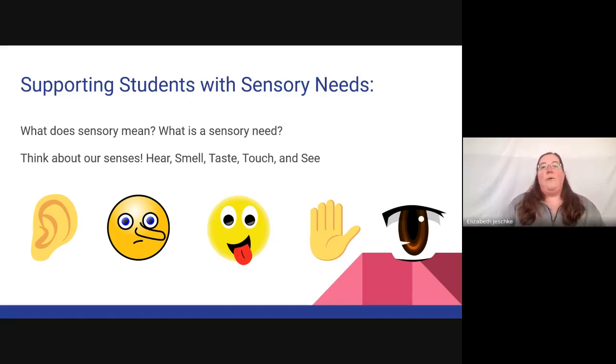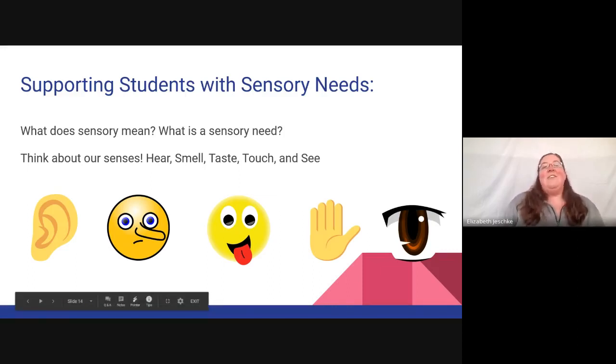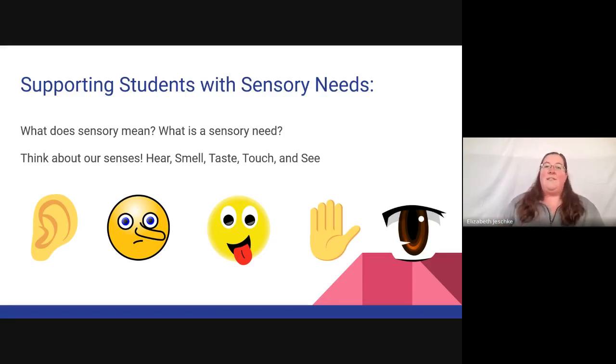And so when we're thinking about sensory needs, we need to start with what are our senses? So what does this actually mean? So that is the things that we hear, we smell, we taste, we touch, or that we see. So it is our 5 senses. And when we're trying to determine what a sensory need might be, we can think about if you hear a sudden, unexpected, loud noise, you're going to have some sort of reaction.